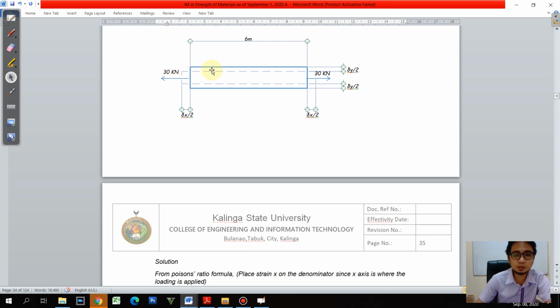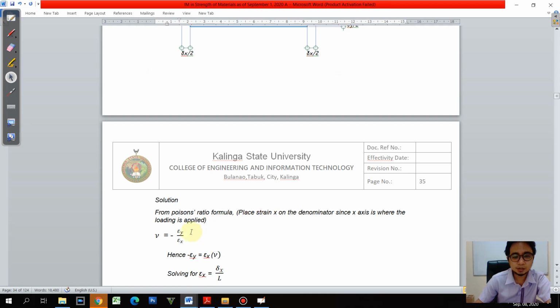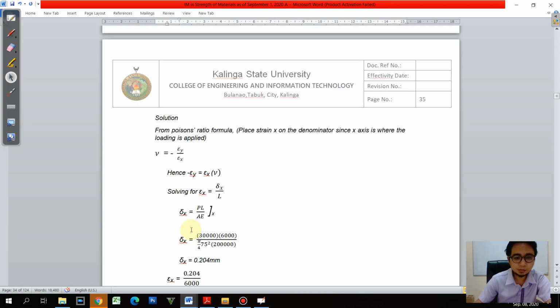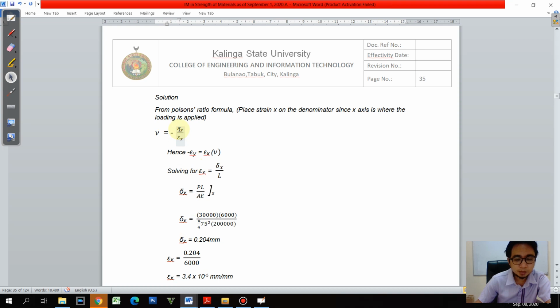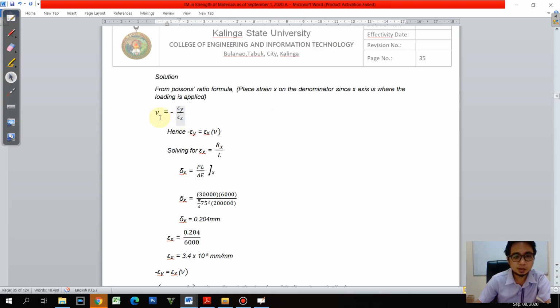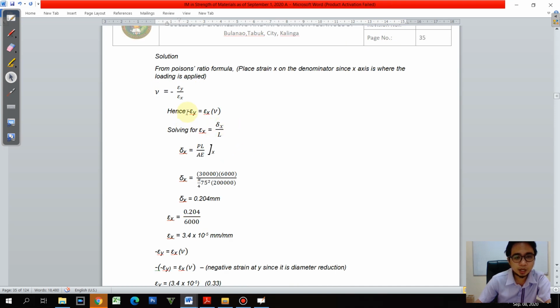And what is the longitudinal axis here? The longitudinal axis here is along x. So that is why we have here y as the lateral axis. Yung nasa baba, yun yung longitudinal axis. And that is denoted by a negative sign. And then by cross multiplication here, we will arrive at this: strain at y is equal to strain at x times Poisson's ratio.